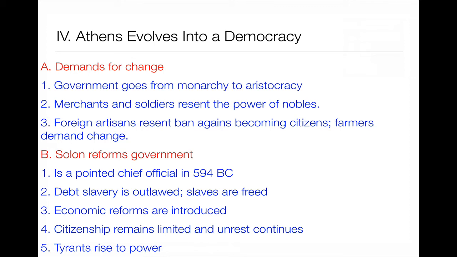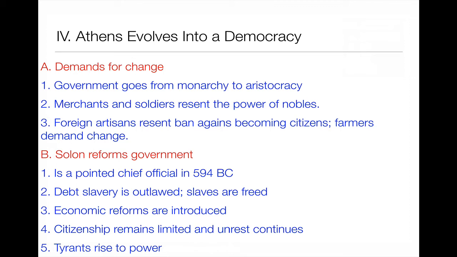So along comes one of the first strong rulers of Athens, Solon, and he comes along with these different reforms, and he's appointed chief official in 594 BC.